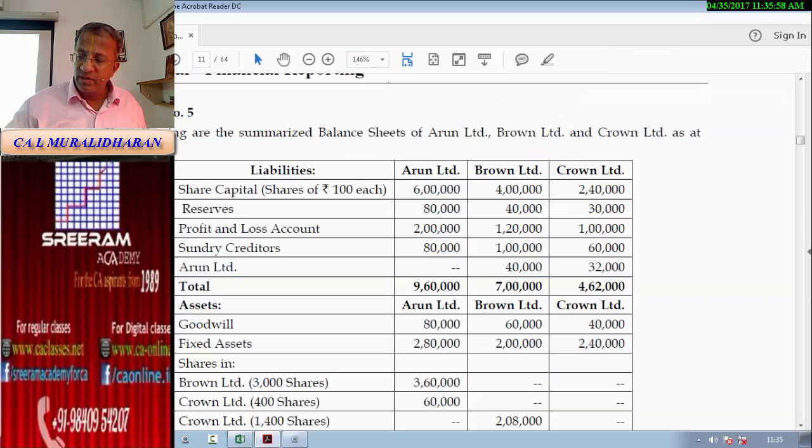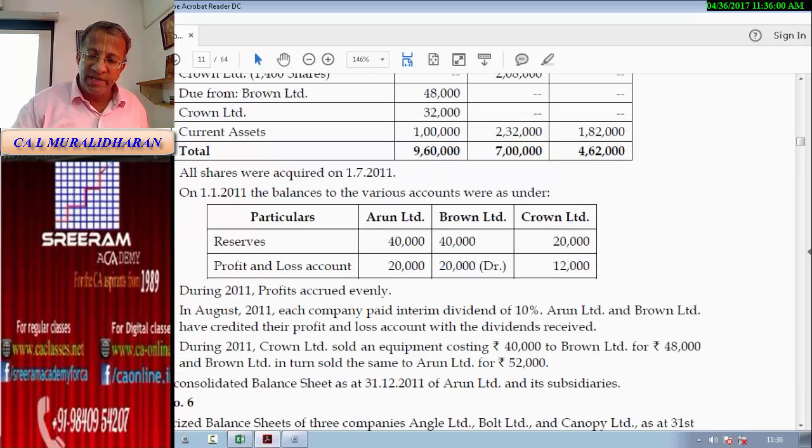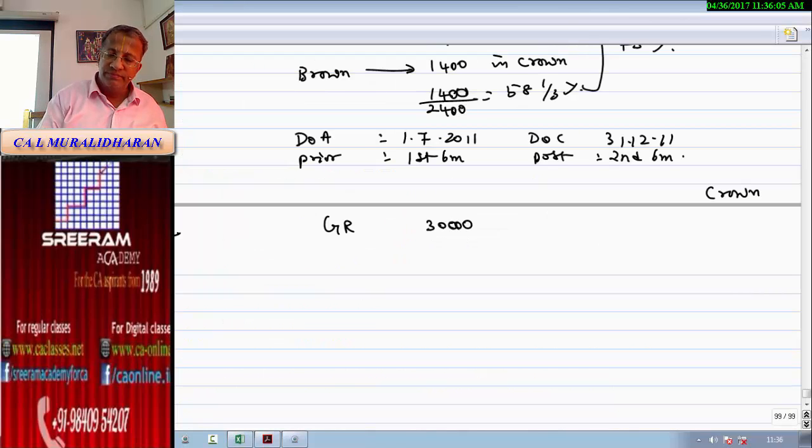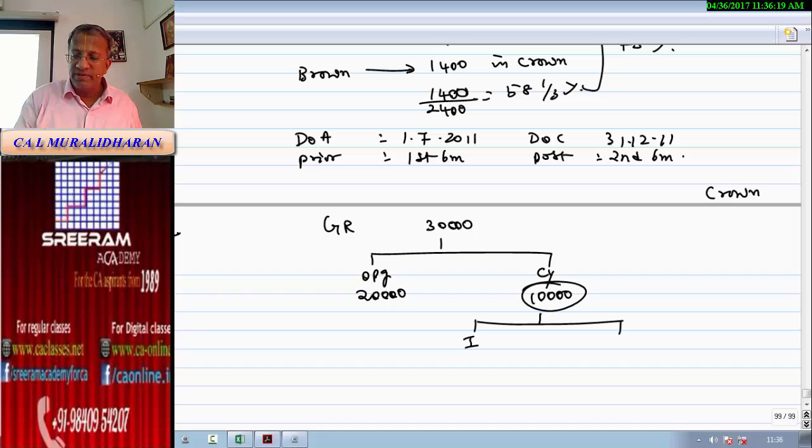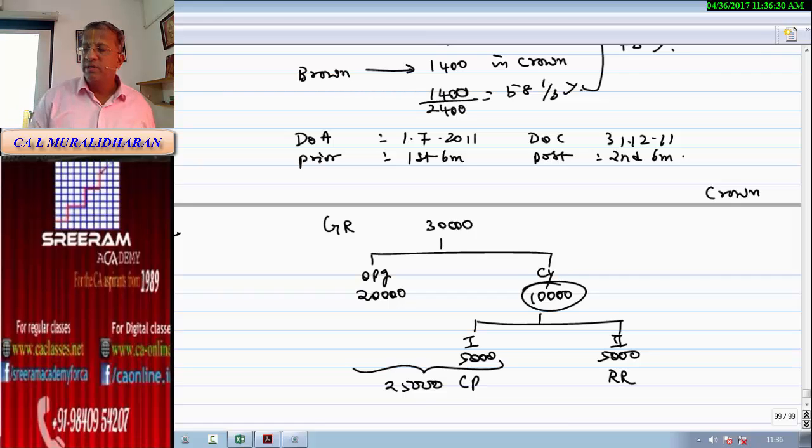What was the reserves at the time when they prepared the last balance sheet? 20,000. Current year 10,000. Then first half and second half 5,000 each. 25,000 as capital profit, this being revenue reserve.